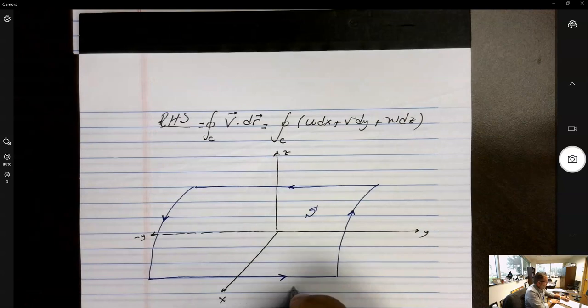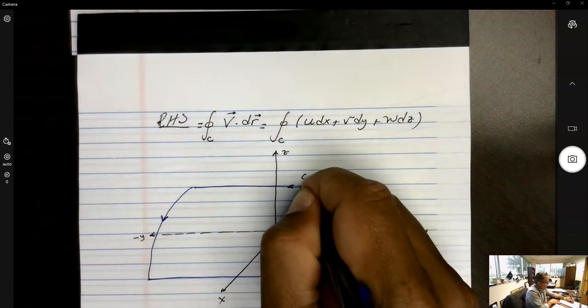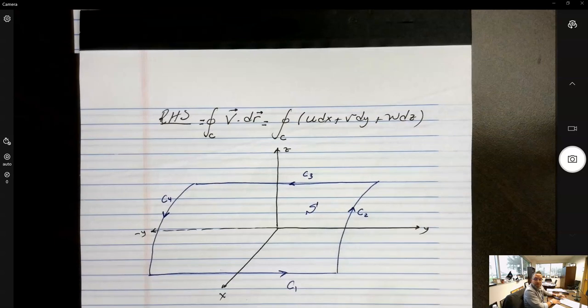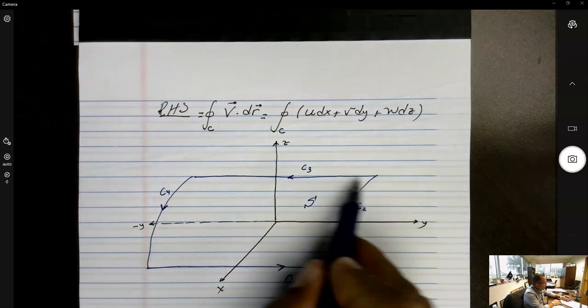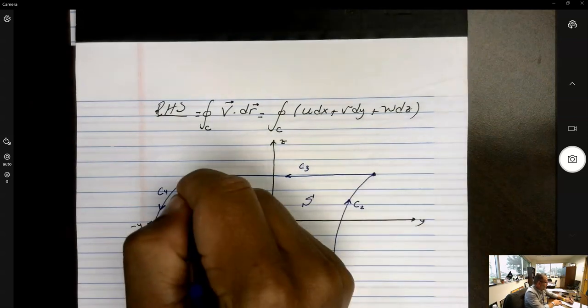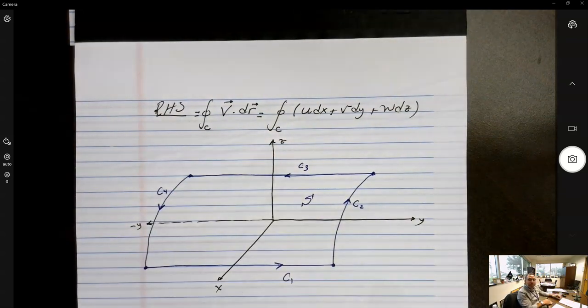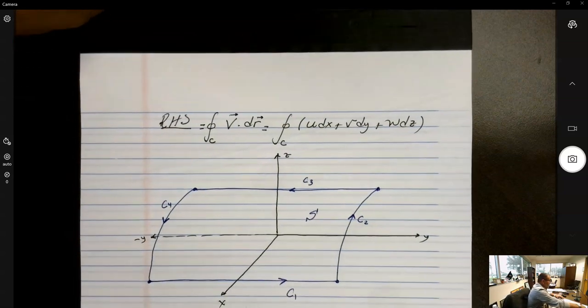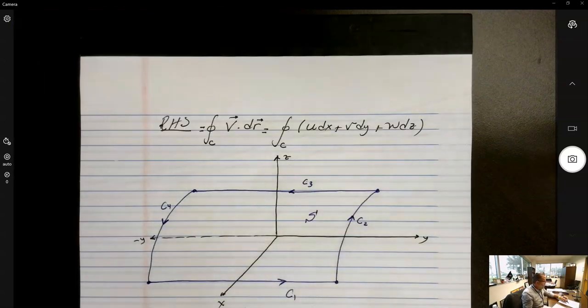So I'm going to call this C1, C2, C3, and C4. For obvious reasons, because I cannot parameterize this curve into a single expression because we have these discontinuities here. Not discontinuities of the trajectory of the curve, but discontinuities of the derivative of the curve itself. We have corners. So we're going to have to do 4 different parameterizations. Those are easy ones to do. Because notice here the function is just simply x equal 1 at y equals 0.